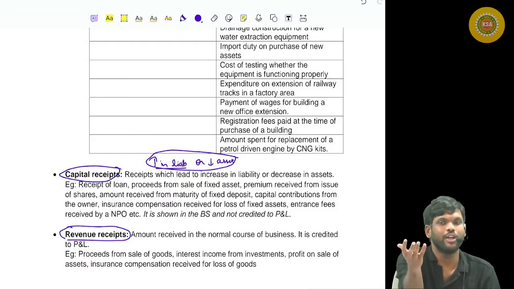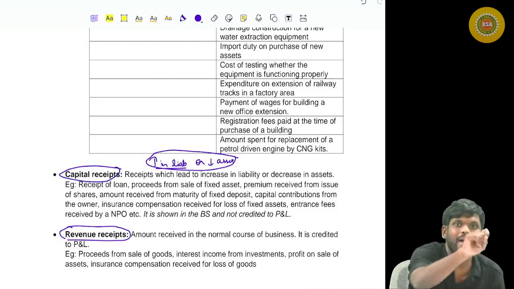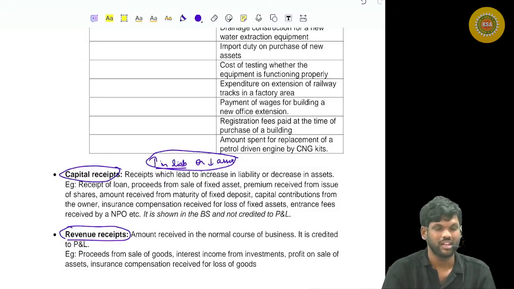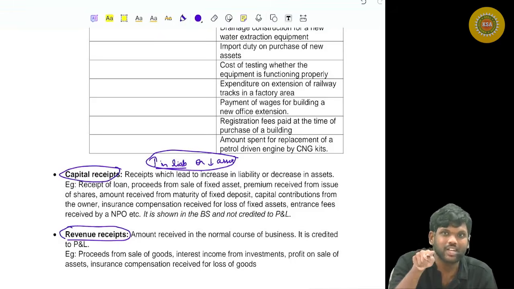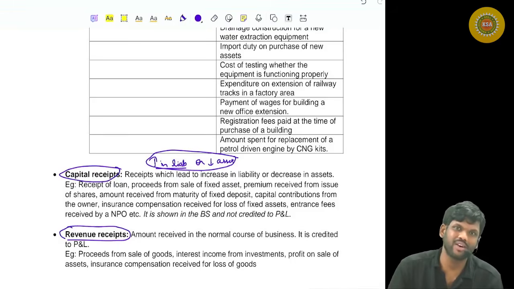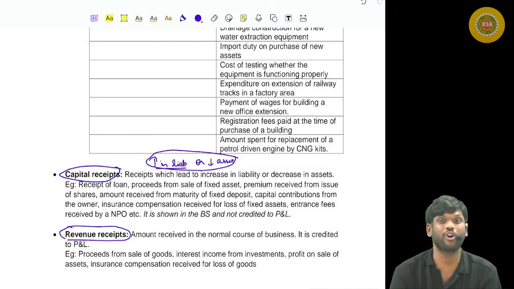For example, you are borrowing a loan, you will receive money. Now when you receive this money, your liability increases, so this is a capital receipt. Assume you are selling a plant and machinery, now you will receive money for that. Now because of that there will be a decrease in asset, so this is a capital receipt. So all such type of receipts where there is an increase in liability or decrease in asset are called capital receipts. You would have seen this several times in the chapter on NPO.